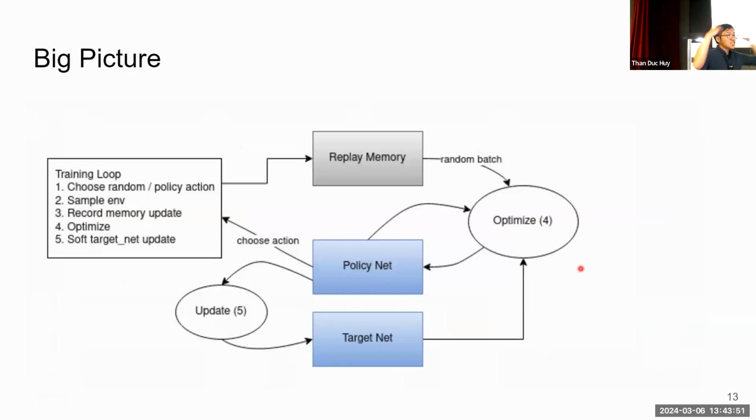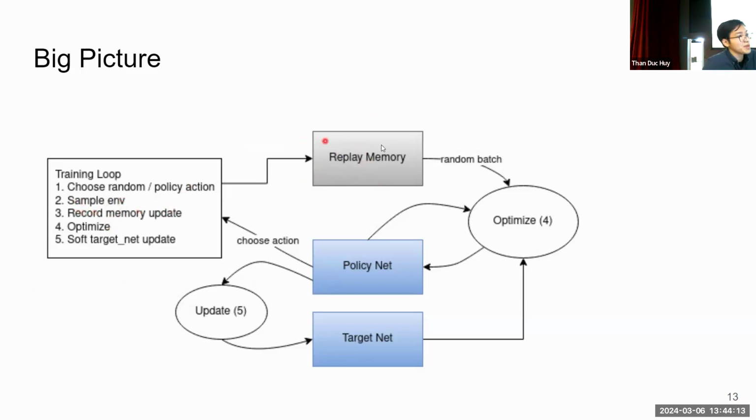So this is a big picture of the training loop. First, we will be going out into the world, exploring and trying out. As we explore the environment, we will store the transitions in the replay memory, right? We sample the environment and record the memory update.